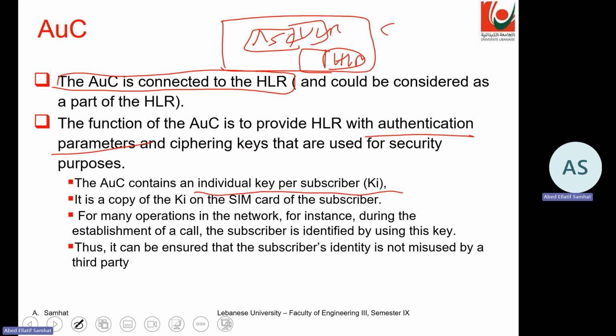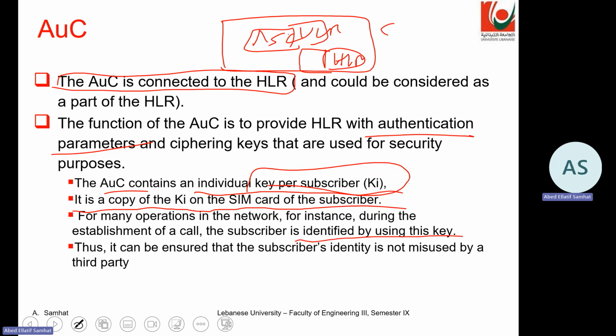As you know, when you have your SIM card, in addition to your identity and your numbers, there is a subscriber key, Ki, that is used for encryption. Those keys Ki are also at the authentication center, so it's a copy of the key Ki on the SIM card of the subscriber. For many operations during the establishment of the call, the subscriber is identified by using this key.